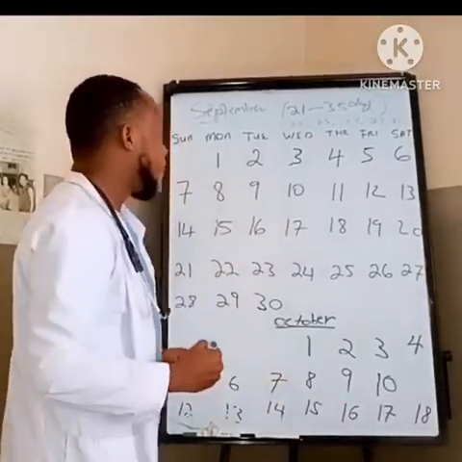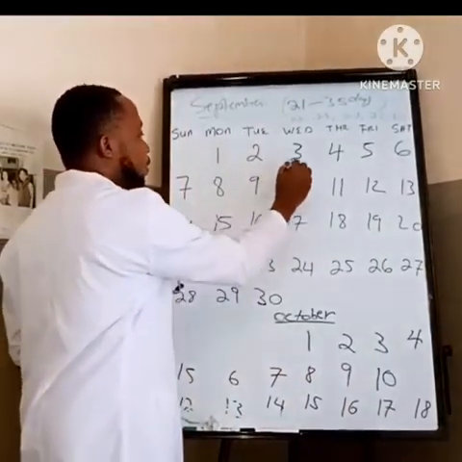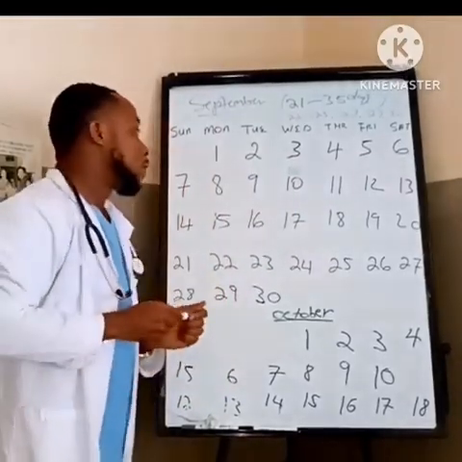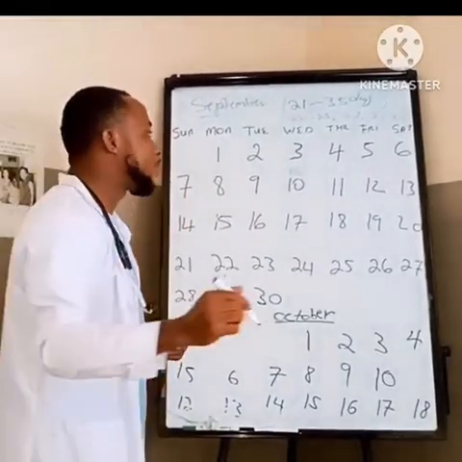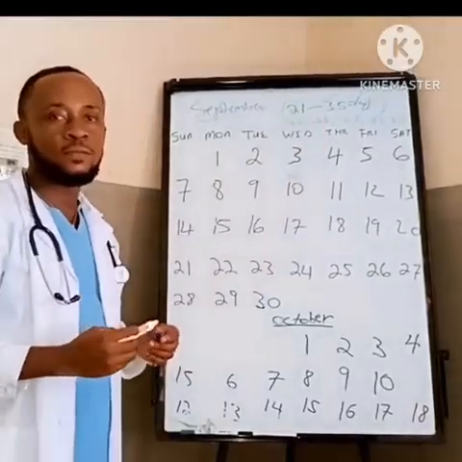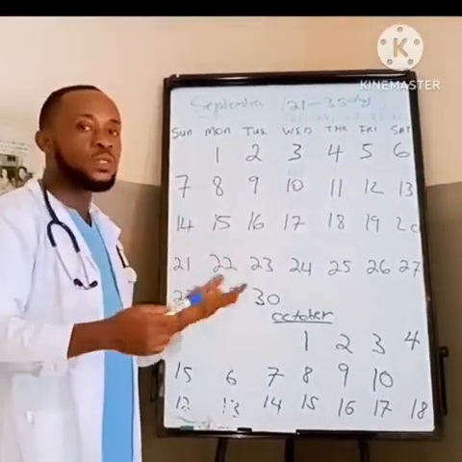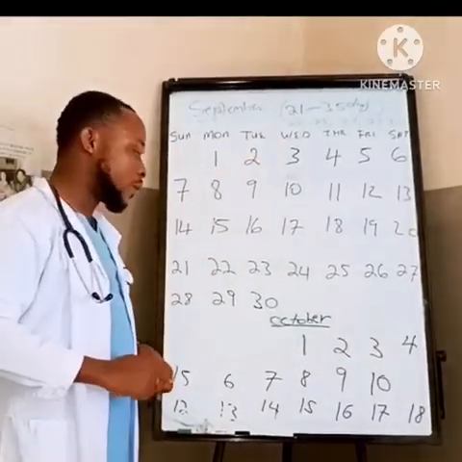So, assuming a lady sees her period on the 10th of September, and she's considered to be a person with a 22 day cycle length, which is constant. It's regular for the 22 day cycle.